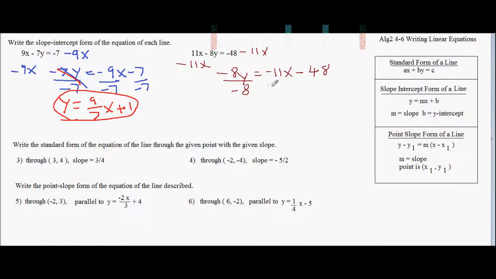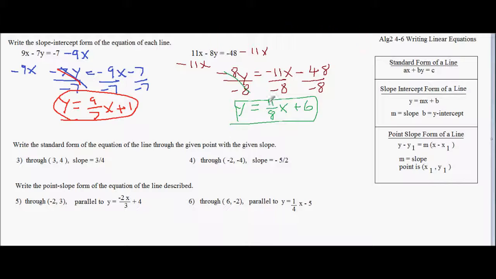Divide by -8, -8. Let's do green, that cancels, get y equals negative over negative 11 over 8 x, negative is positive, 8 goes into 48, 6 times 8 is 48, so it's 6.